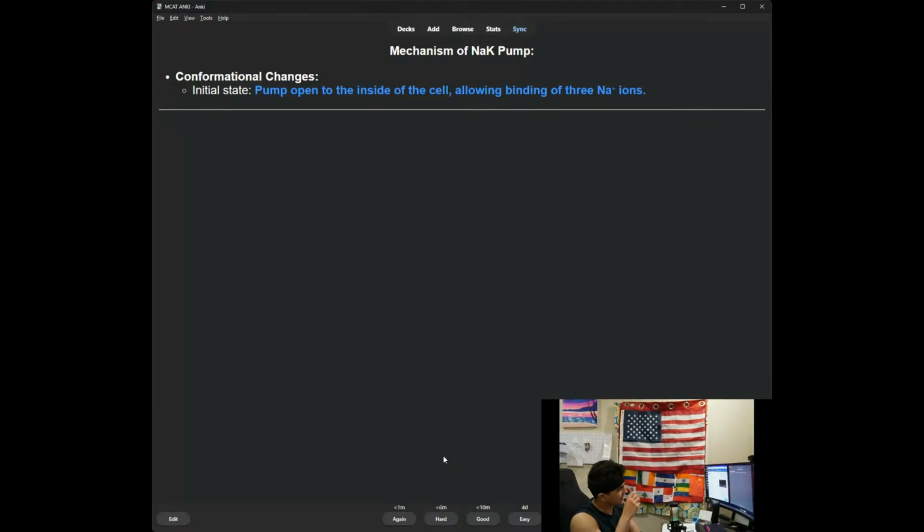Oh, right, because I think it constantly goes, right? If I remember correctly, I noticed it constantly goes. And this one didn't work. Okay, so pump open to the inside of the cell, allowing the binding of 3 Na plus ions.